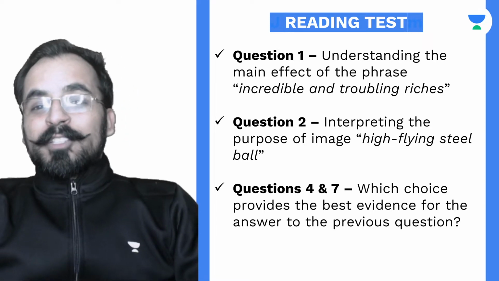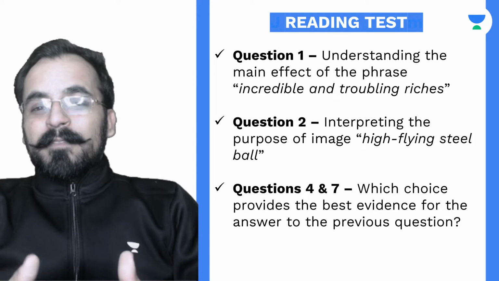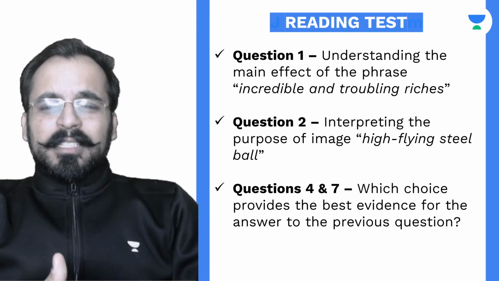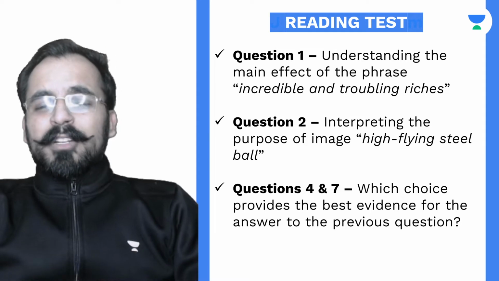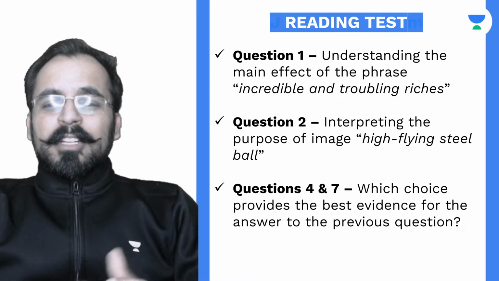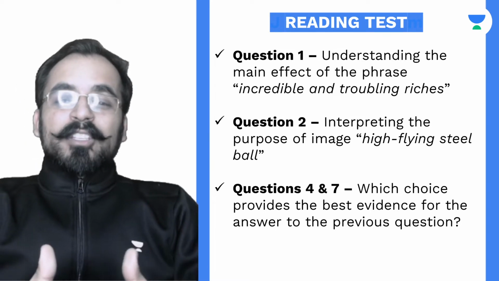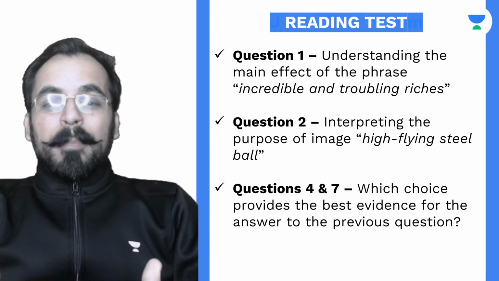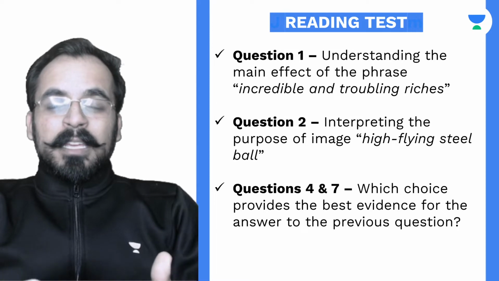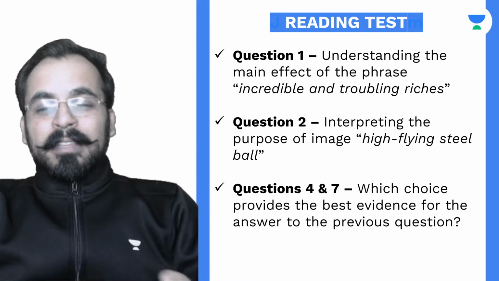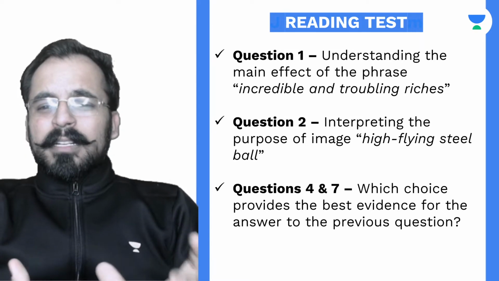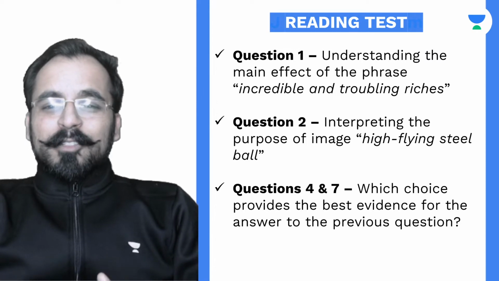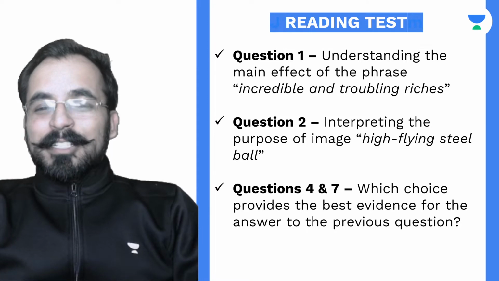It was based on understanding the main effect of the phrase, and the phrase was something like incredible and troubling riches. Question number 2 is when you are supposed to answer the little picture questions, class. This was based on interpreting the purpose of the image. The image was somewhat like a high flying steel ball. If you also saw the same question in your exam, do let us know what you marked for this answer.